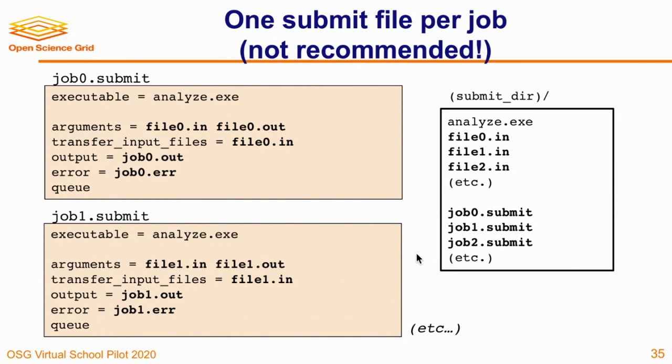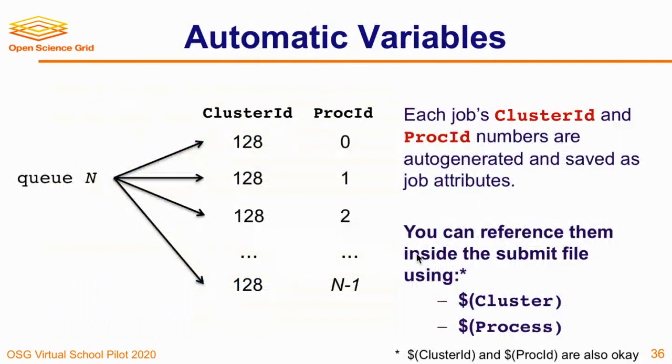So if your jobs differ by these integer-based numbers in your file names, Condor will actually let you use the process ID of those jobs, right, which starts at 0 and goes up 1, 2, 3, etc. You can use that within the submit file. In fact, you can also use the cluster number such that you could identify these jobs, say, in the error and output and log files, according to which set or which submission they belonged to.